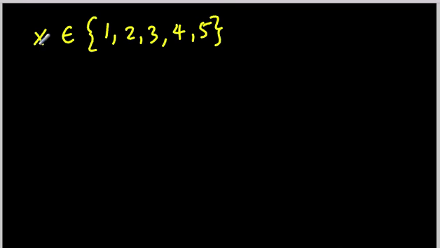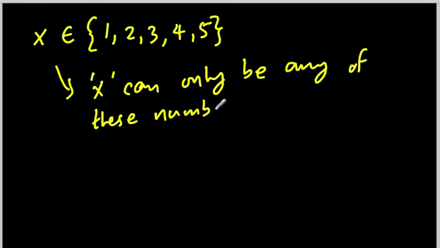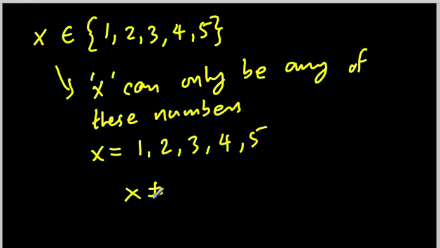Since x is an element of all these numbers, x can only be any of these numbers, right? And that's it. So x can only be 1, 2, 3, 4, 5. X cannot be, for example, 1.1 or anything like that, or even close. It can only be any of these numbers.